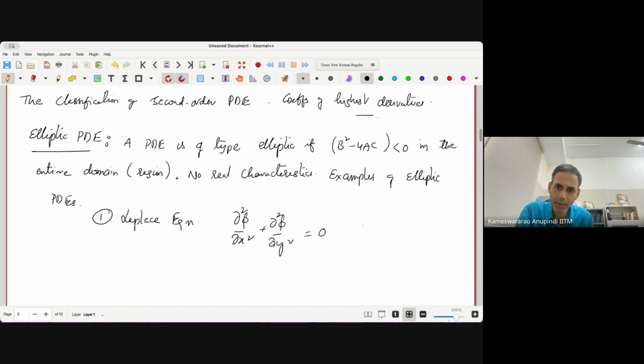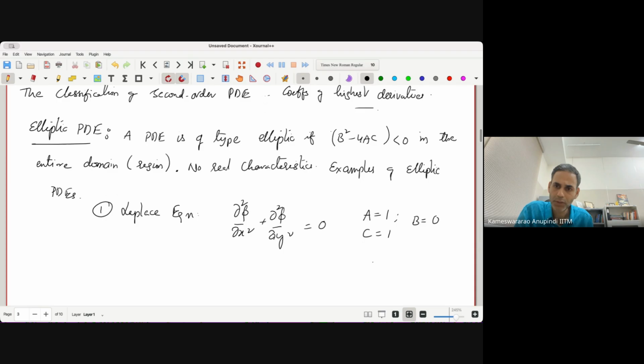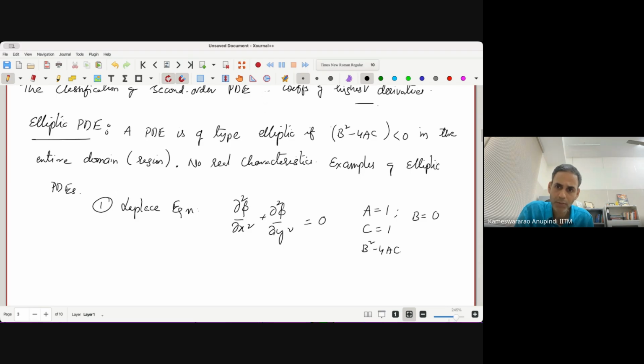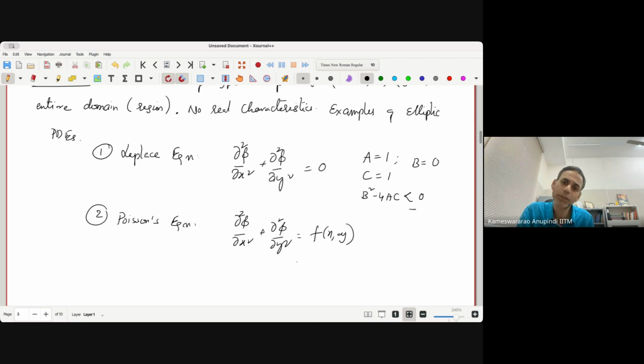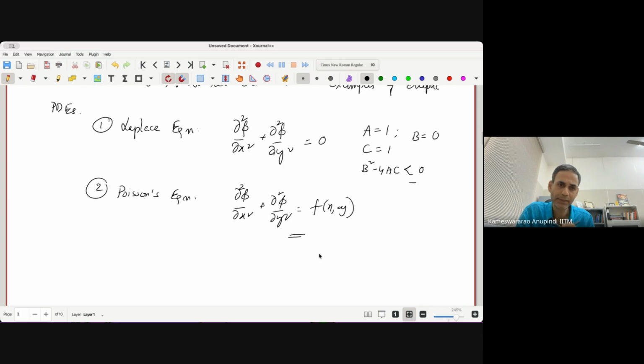Here you can see that A equals 1, C equals 1, and B equals 0. So if I calculate b square minus 4ac, this is less than 0. Similarly, the other equation is Poisson's equation, which is dou square phi by dou x square plus dou square phi by dou y square equals some forcing function f of xy. For this also, you'll see that b square minus 4ac comes out to be less than 0.